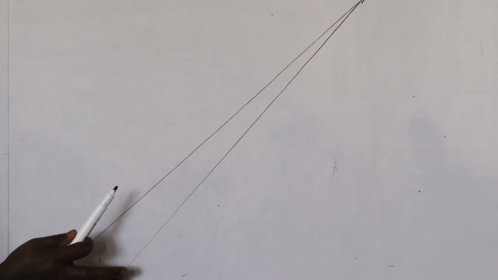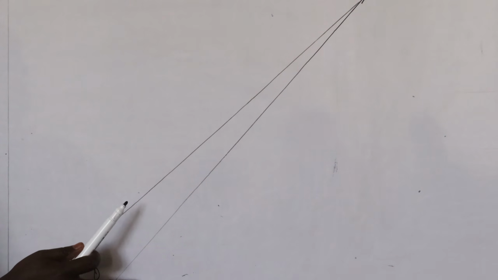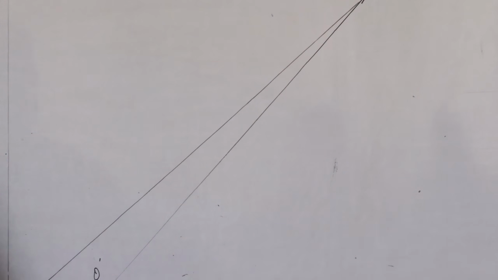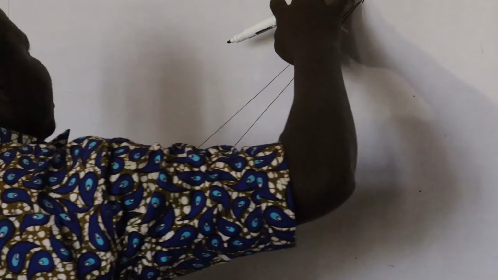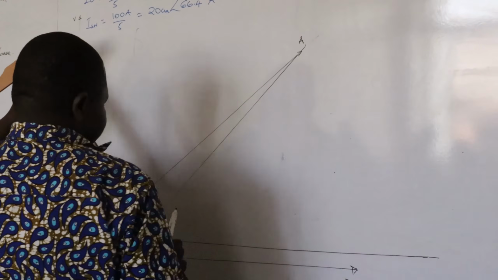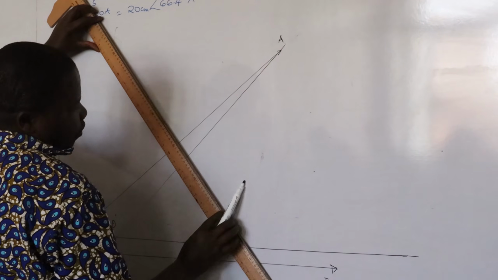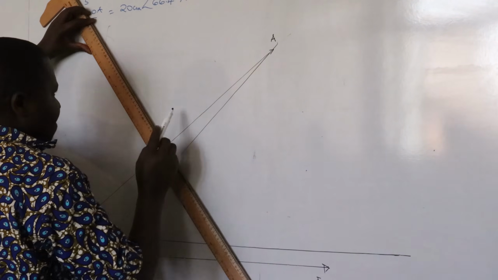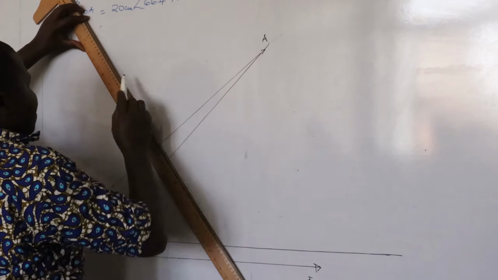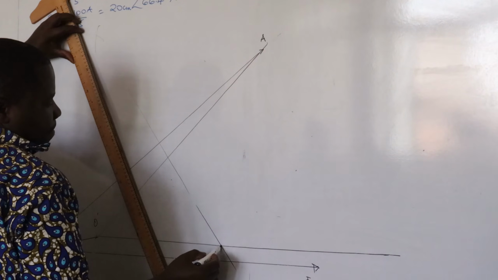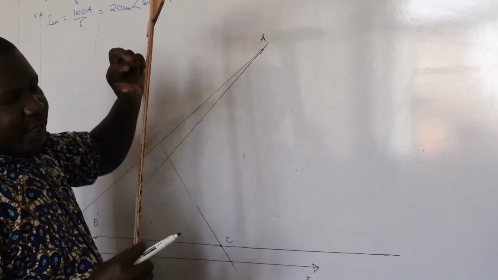Simply use a compass. Let the compass be more than half. If you are at O prime, and at A, cross. That will be the bisector. Bisect O prime A.